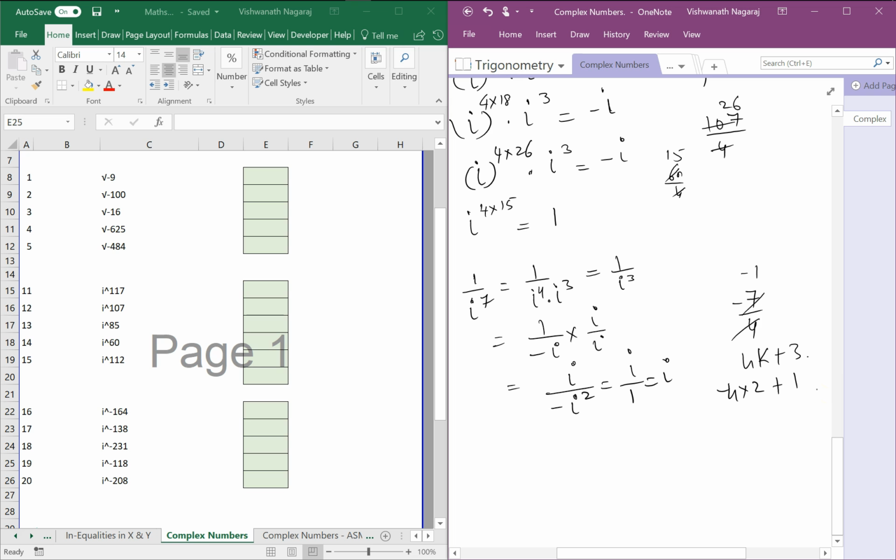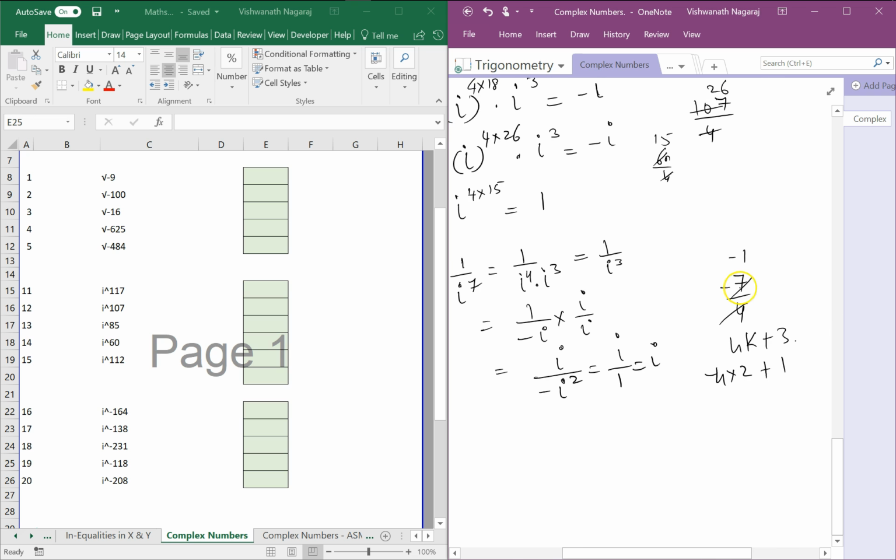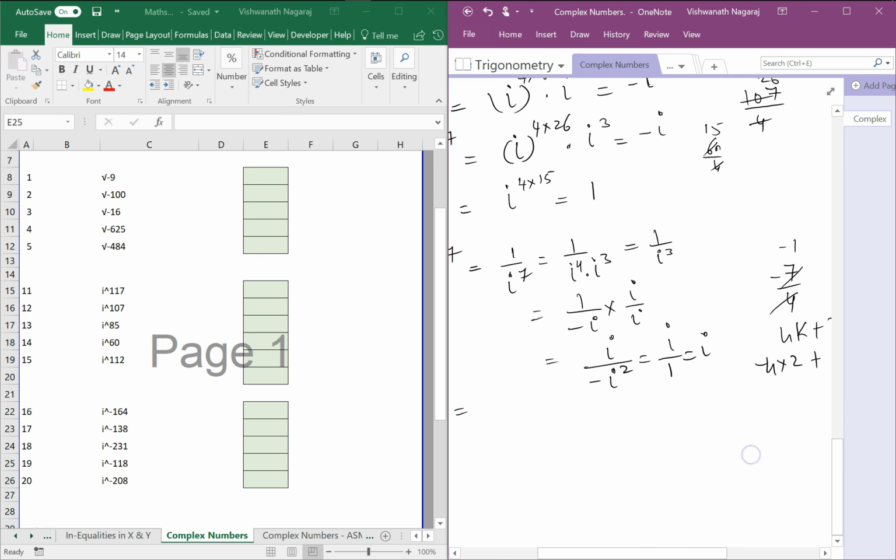See, in the case of negative numbers, this is one thing that you have to remember. You have to go beyond 7. So 4 ones are 4, 4 twos are 8, and then add the necessary number.